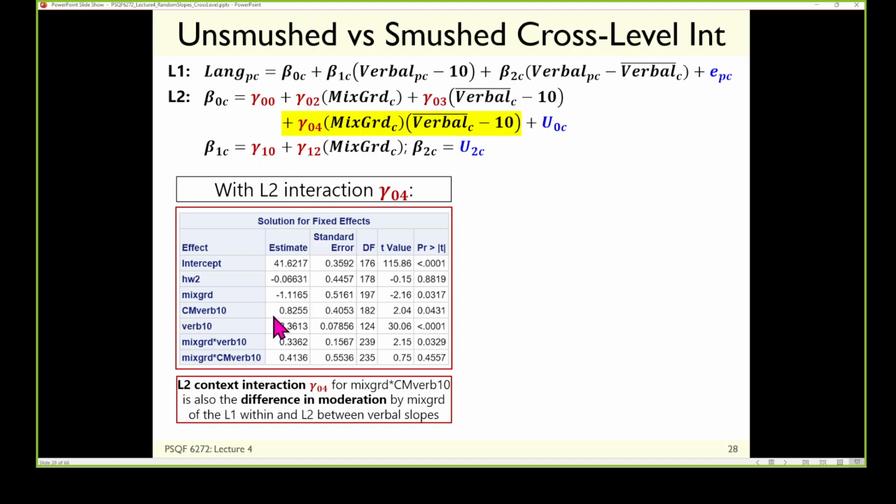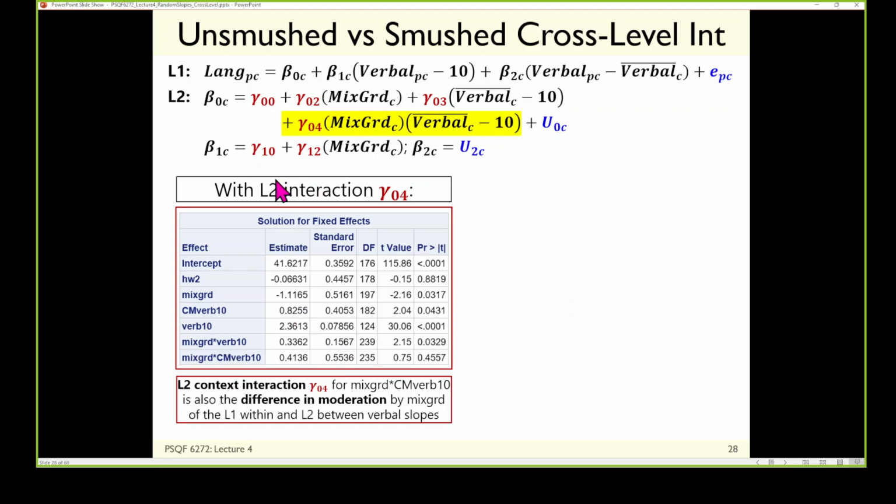Okay, so this is a cluster thing, right? Cluster mean, you want to give it a try? Yeah, so for every 1 unit increase in cluster mean verbal, the outcome, which is language, increases by 0.825.